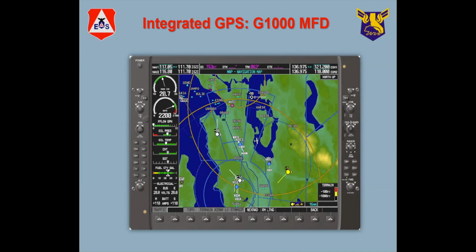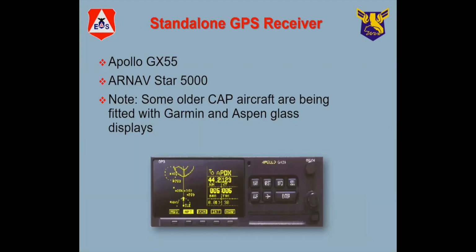On the left side is your instrumentation for your engine and your power and so forth. Up top is your navigation stuff. On the other side are some of the other accessories the Colonel was talking about. I don't think we have any of these, the Apollo GX55s in our fleet anymore. Is that correct, Colonel? That's correct, thank God. Okay. It's an old school GPS, like my email address is old school.